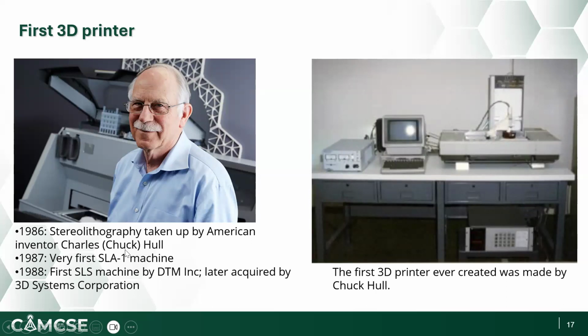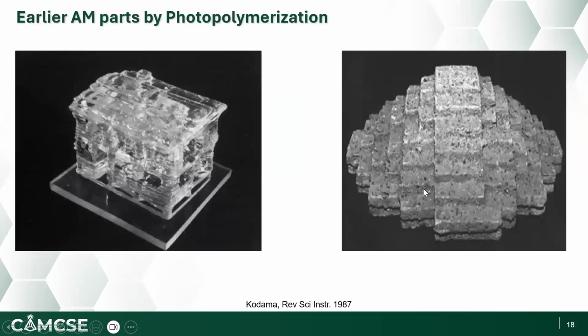And then later on, this technology got more and more attention. On the right side, you can see how the first 3D printer looks. At that time, the stereolithography-based 3D printer was mainly used for polymer 3D printing. For example, these were the typical examples of how projection stereolithography was used for making 3D polymer components.